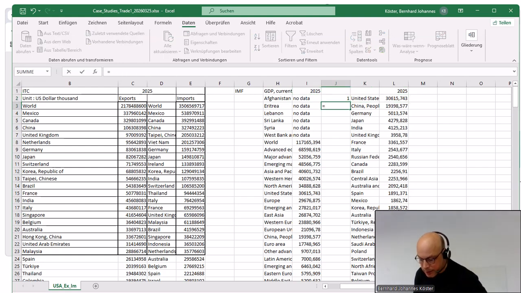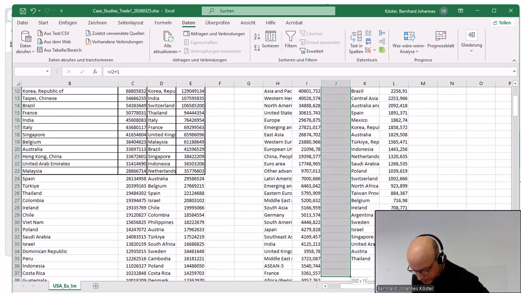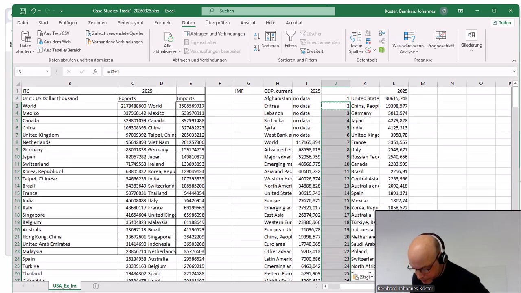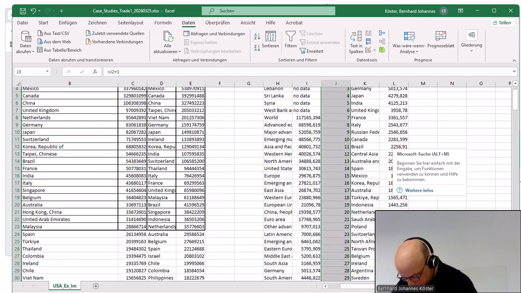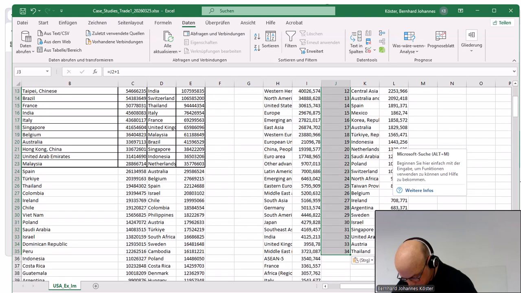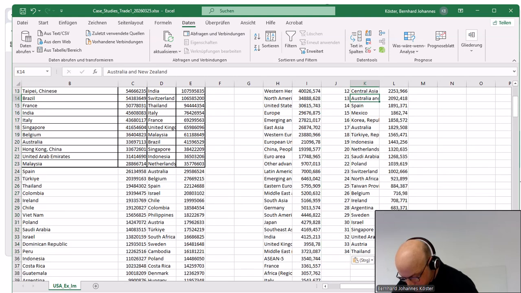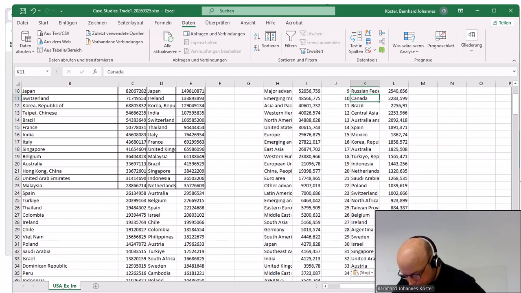So, and then let's see if Taiwan is under the 20th largest. Let's see, where is Taiwan? India? Oh, I have here also Central Asia. Anyway.